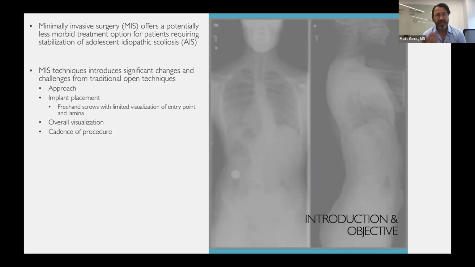Obviously, sometimes you're seeing less of the anatomy that you may need for doing releases or placing implants. And placing implants is a challenge because you do have much less visualization. So in terms of your three-dimensional sense of what the deformity is, that's even more important in minimally invasive.